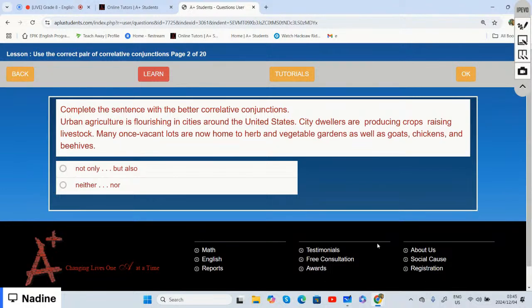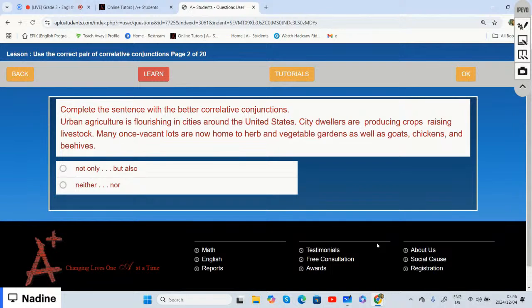Urban agriculture is flourishing in cities around the United States. Do we say city dwellers are not only producing crops but also livestock, or city dwellers are neither producing crops nor livestock?